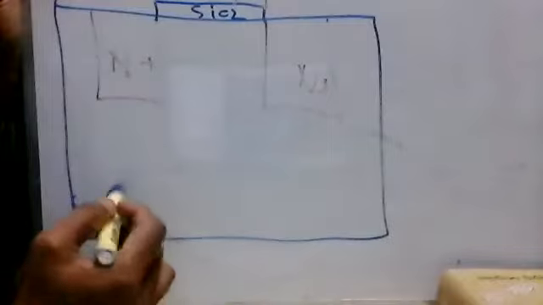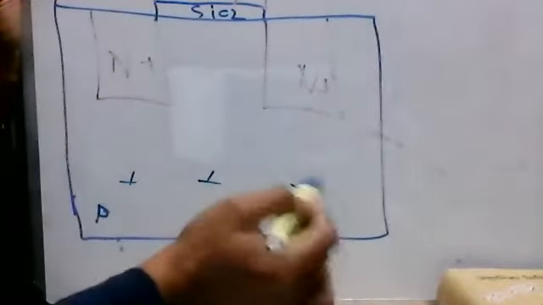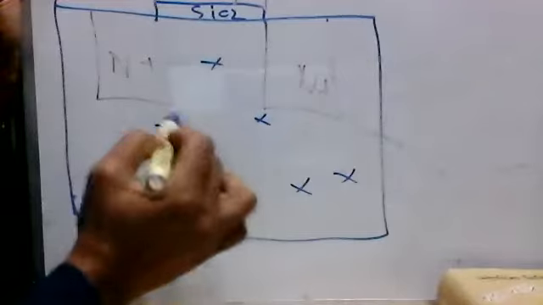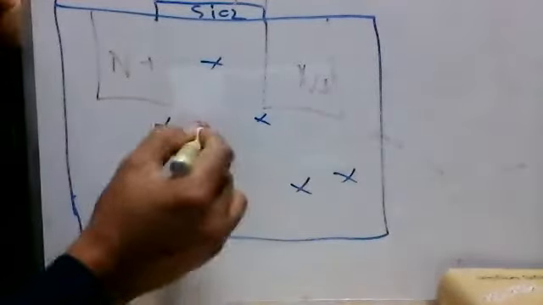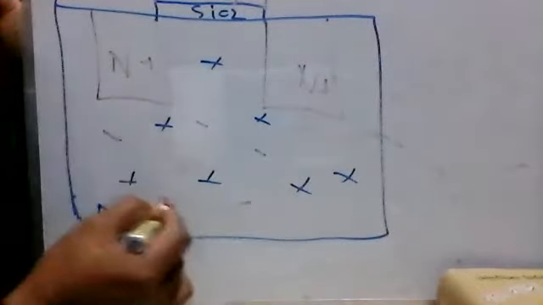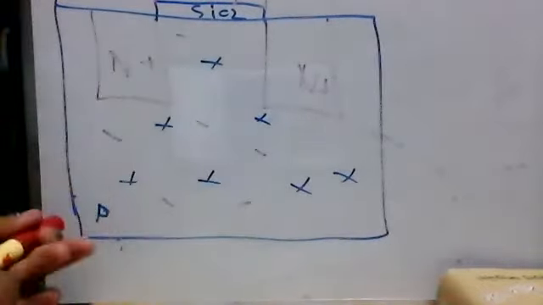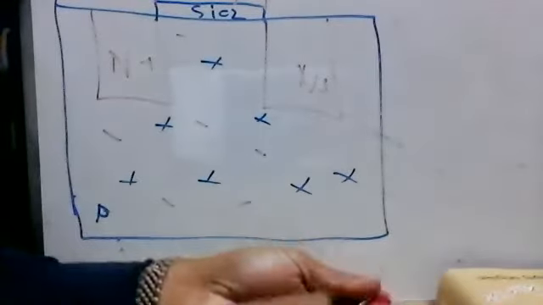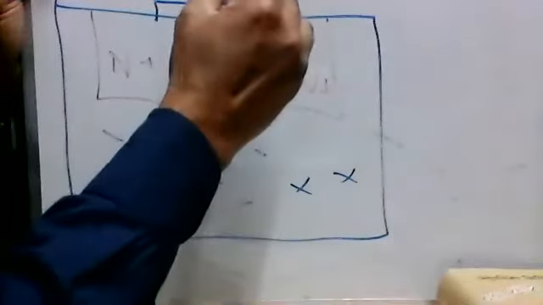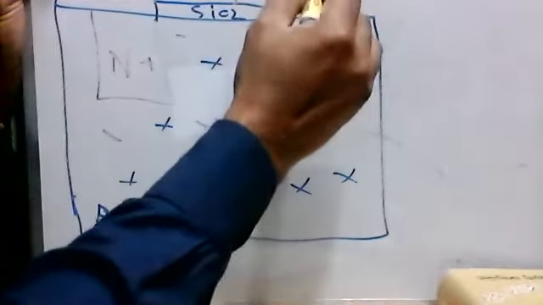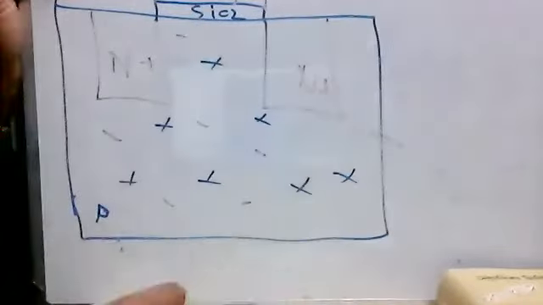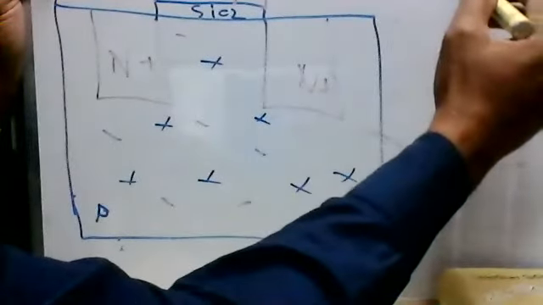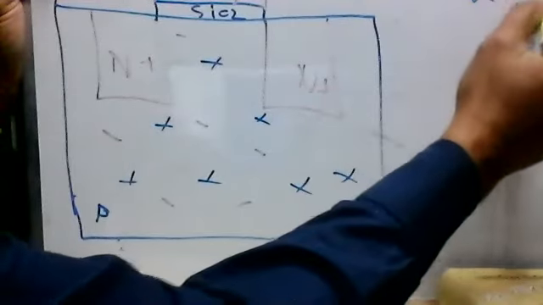But we know that P-type substrate has mostly positive ions, but there are some electrons, right? There are some, very few electrons are there. And when we apply a positive voltage to the poly here, in VLSI class, we call the positive voltage VDD.